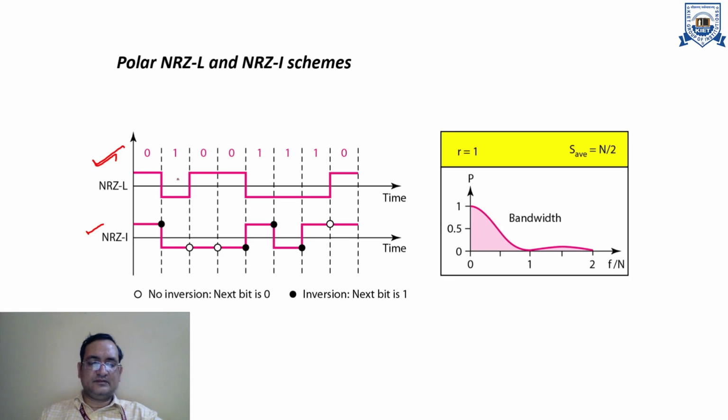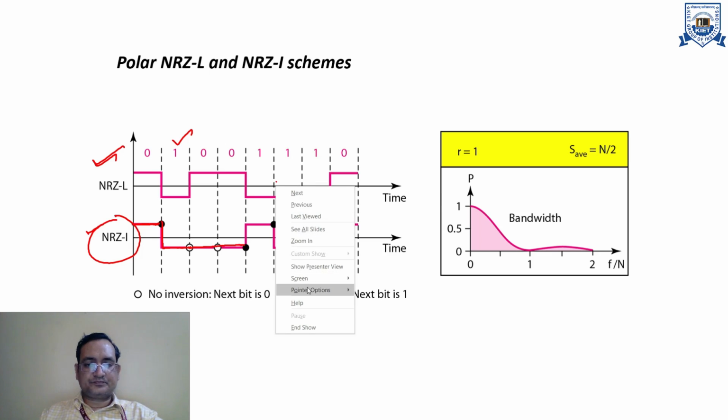NRZ-L is simple, but in NRZ-I, suppose a 0 was transmitted earlier with positive voltage, then every 1 will change the level, and if 0 is received again, there will be no change.